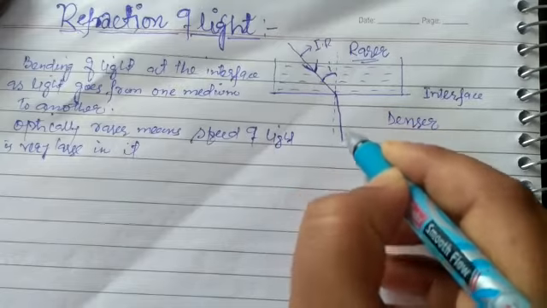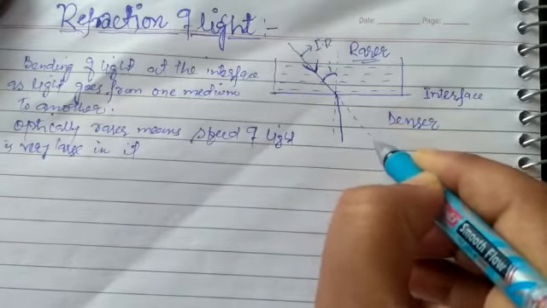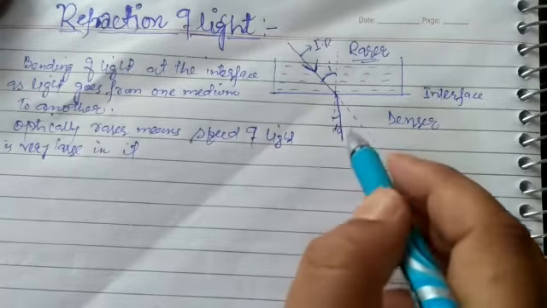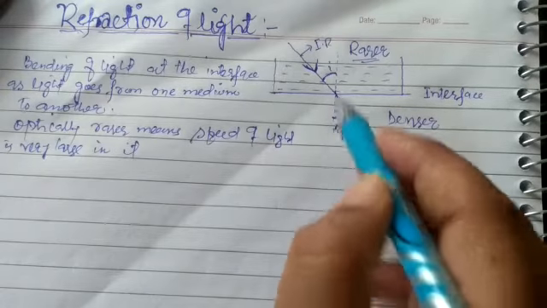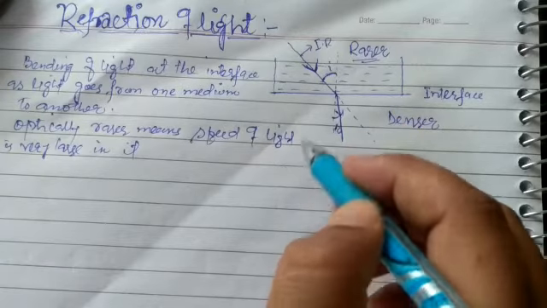Its original path was like this, but it got bent, and this is called the angle of refraction. The angle made by the refracted ray with the normal is called the angle of refraction. The angle made by the incident ray with the normal is called the angle of incidence.